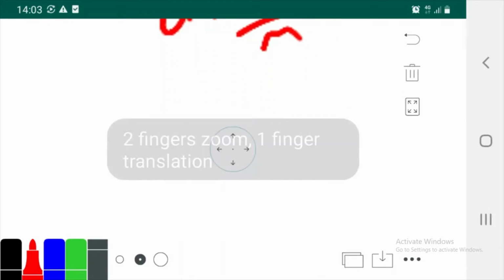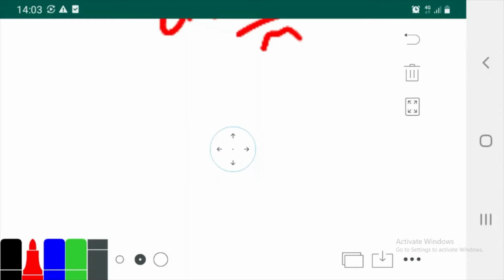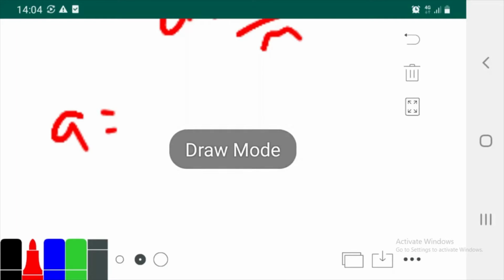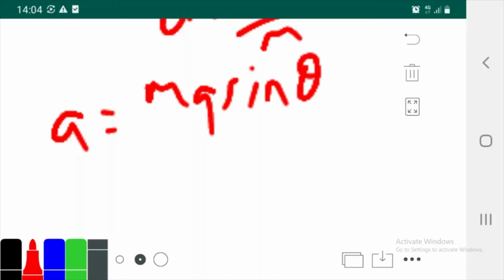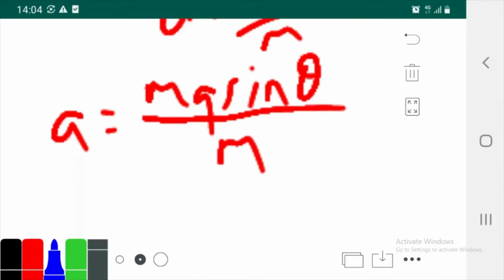And I just worked out F, didn't I, just now? So a equals F, which I said was mg sine theta. That's the only force acting in the direction of the pendulum's motion. And over m, and I can see the m's cancel. So acceleration equals g sine theta.